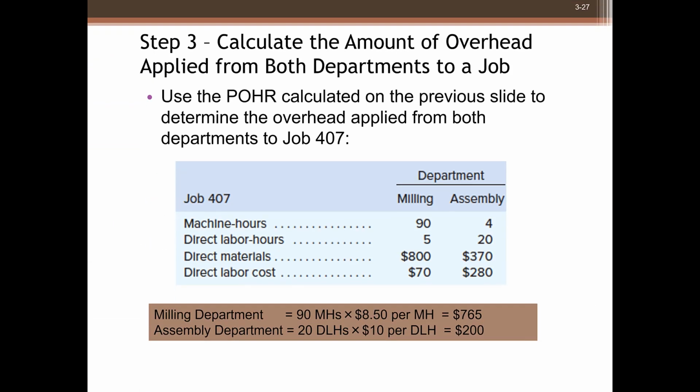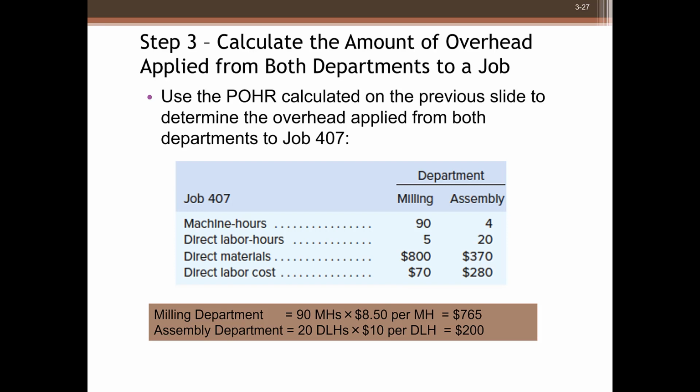Step 3, we can calculate the amount of overhead applied from both departments to a job. For the job here, job 407, direct machine hours used for milling department, 90. Assembly 4. Direct labor hours 5, assembly 20. And then we have cost of direct materials and direct labor. But keep in mind, the allocation base for the milling department is machine hours.